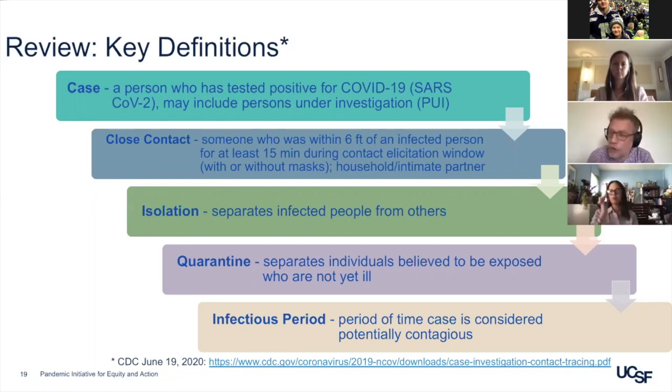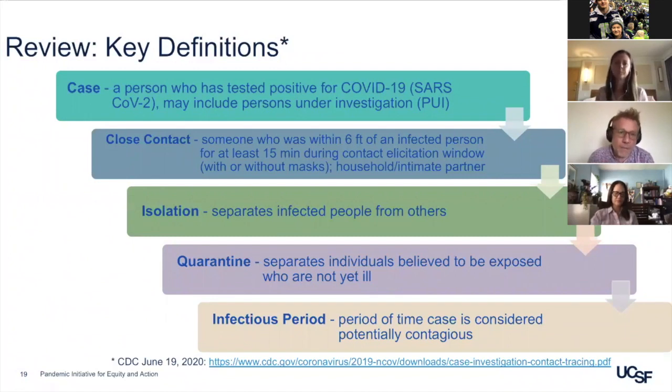The close contact is anybody who's come into close proximity with that individual, either a household contact or somebody that has spent more than 15 minutes in close proximity, less than 6 feet, with that individual during the period of time when that case had symptoms and for 24 hours before the onset of symptoms.